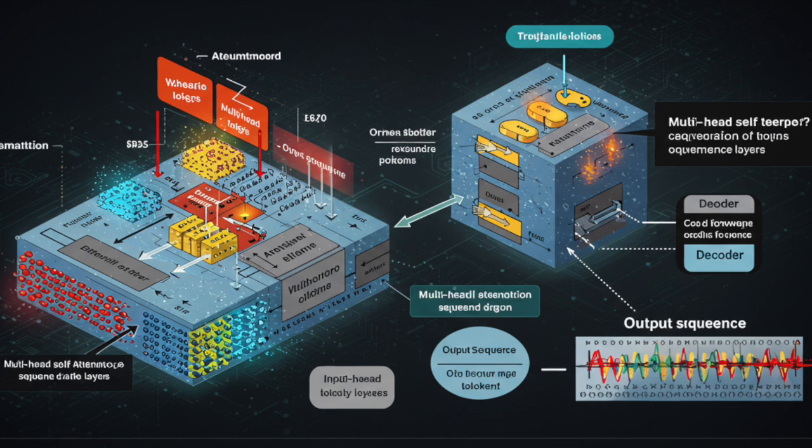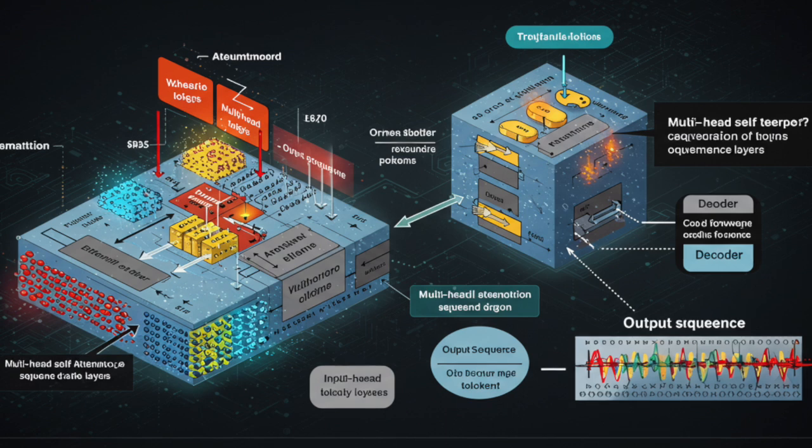The scale is just wild. The source mentioned GPT-3, 175 billion parameters. Mind-boggling, isn't it? And that scale is directly linked to the architecture. How so? Well, for deep learning models to handle all this and train efficiently using algorithms like backpropagation, everything has to be standardized.